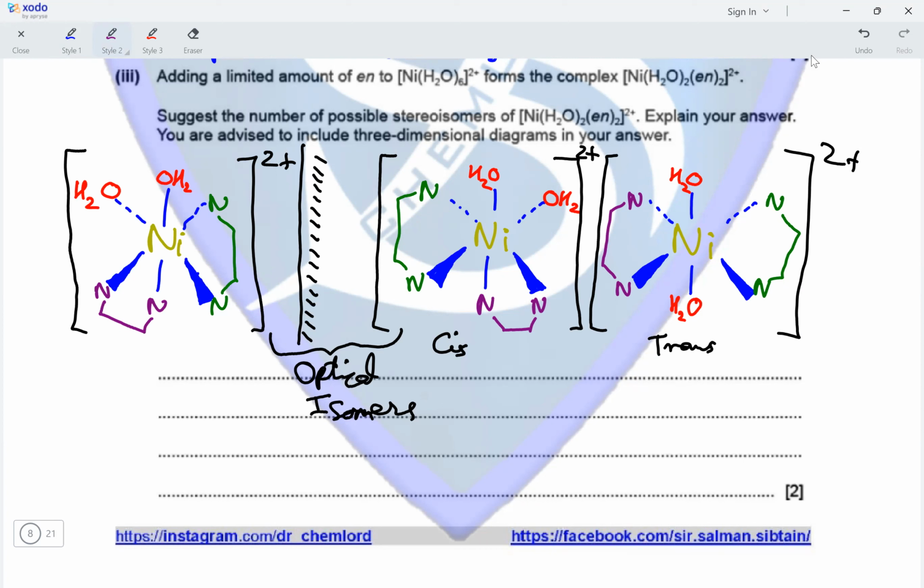And in the text, we are going to mention that there are two geometric isomers. Let's write that down.